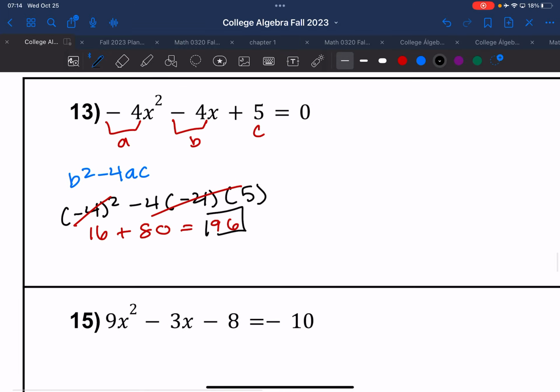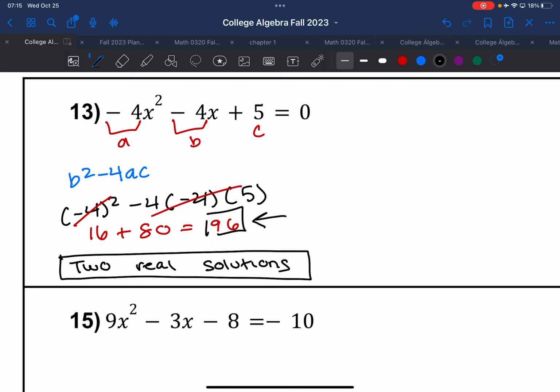So on these type of questions, I'm looking for you to write 2 real solutions. So I need to see that you found the discriminant, which in this case was 96. And since it's positive, that tells us we're going to have 2 real solutions, or 2 real x-intercepts.